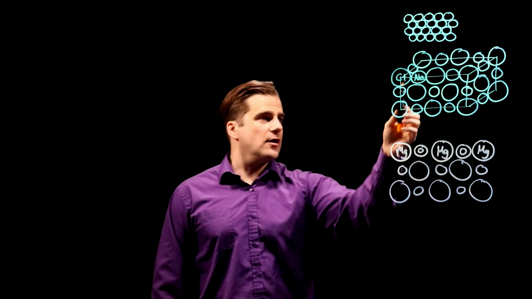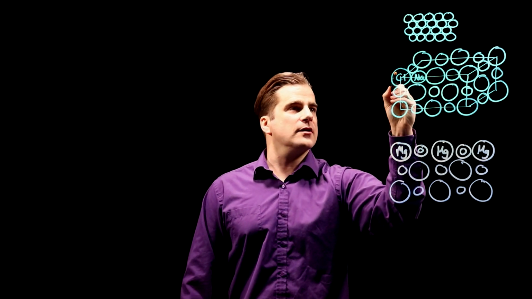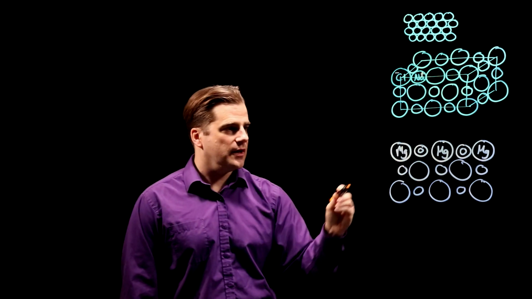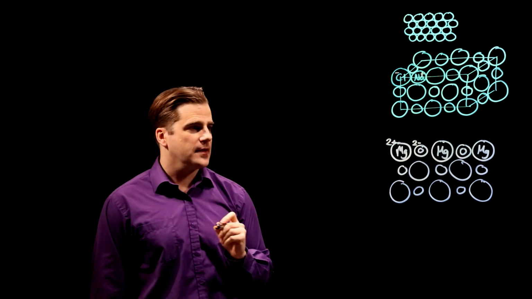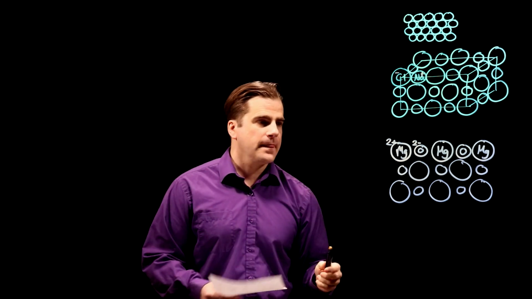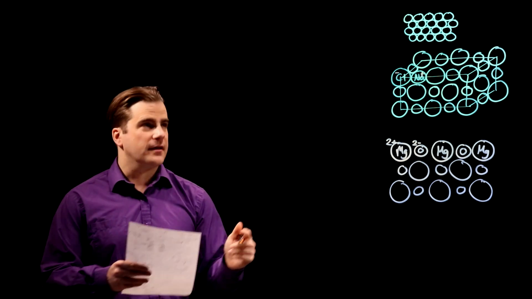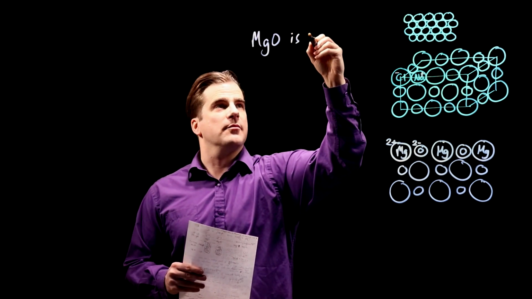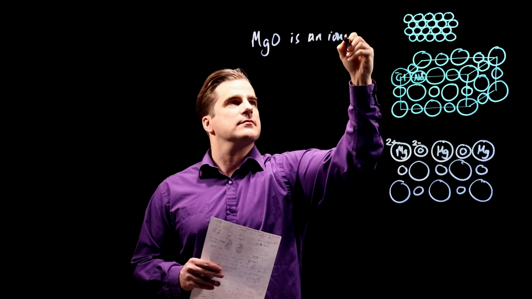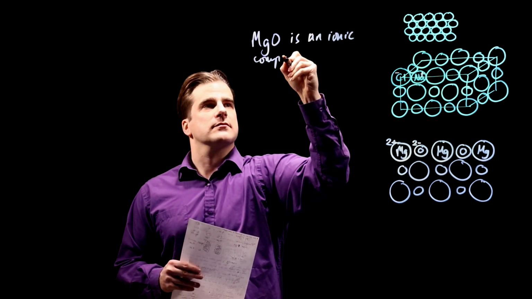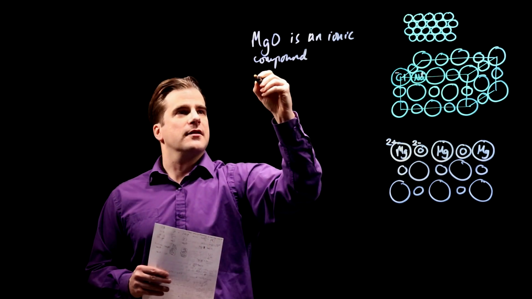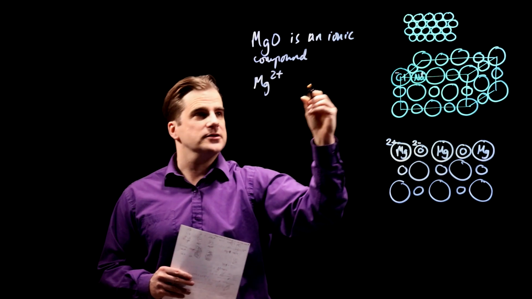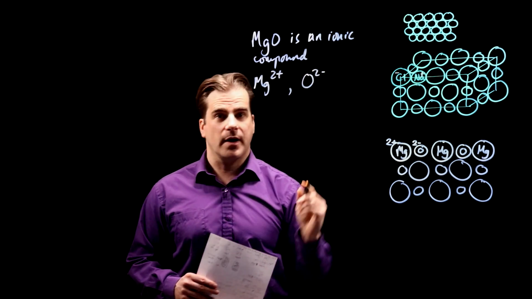The difference is, in sodium chloride, the chloride has a -1 charge and the sodium has a +1 charge. Here, the oxygen has a 2- charge and the magnesium has a 2+ charge. Okay? So the first thing to write is that magnesium oxide is an ionic compound, and that the magnesium has a 2+ charge and the oxygen has a 2- charge, okay?